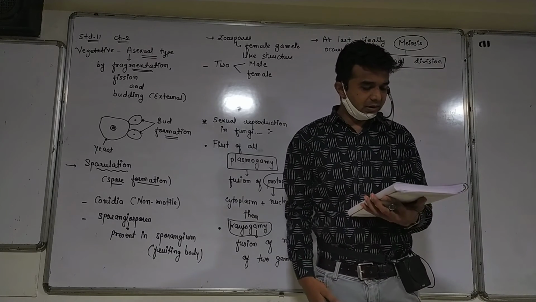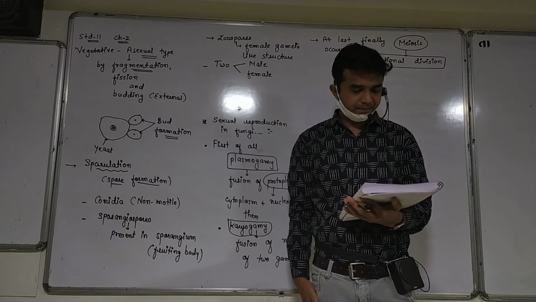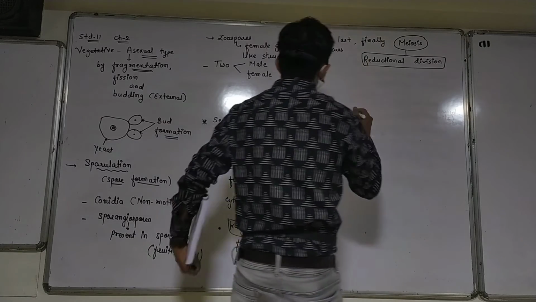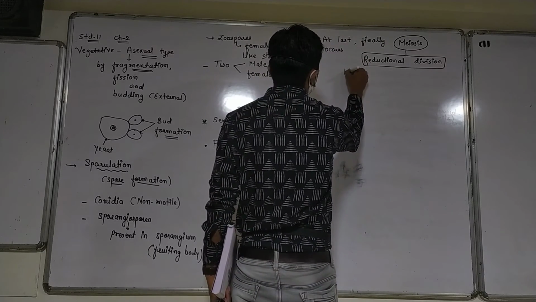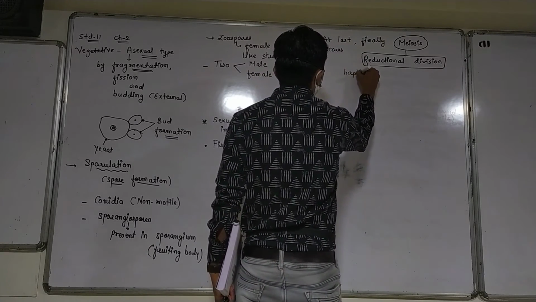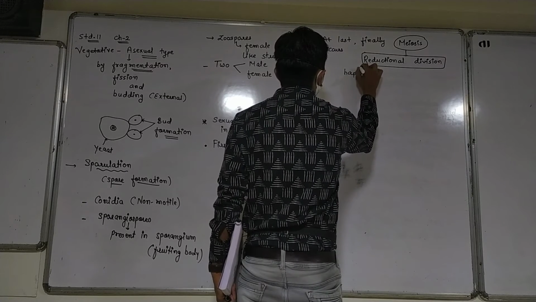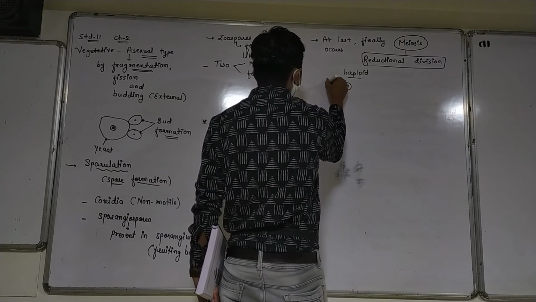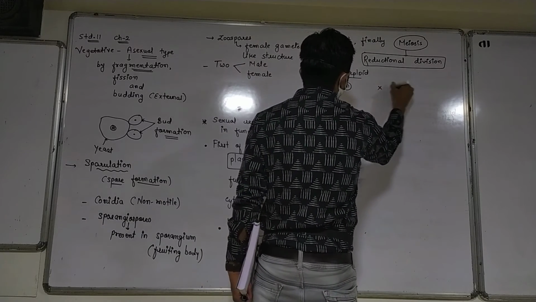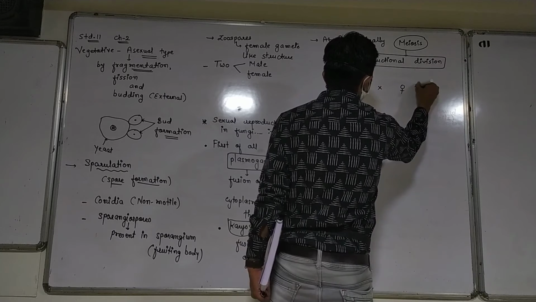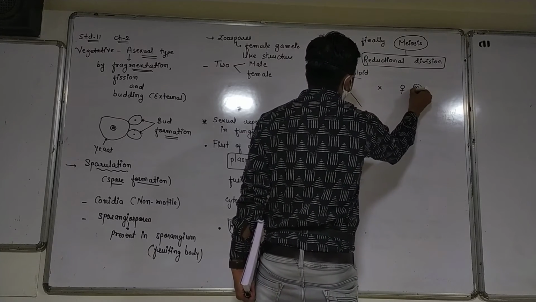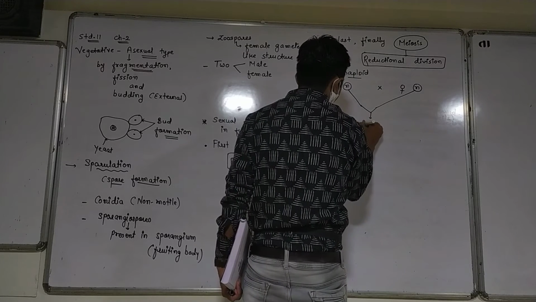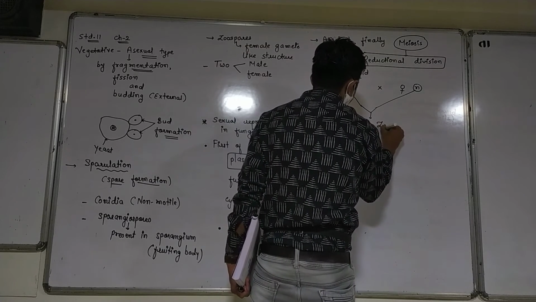When the fungus reproduces sexually, two haploid hyphae, the haploid gametes, that is n, male gamete fuses with the female gamete n, and the fusion of the male and female gamete forms the zygote.